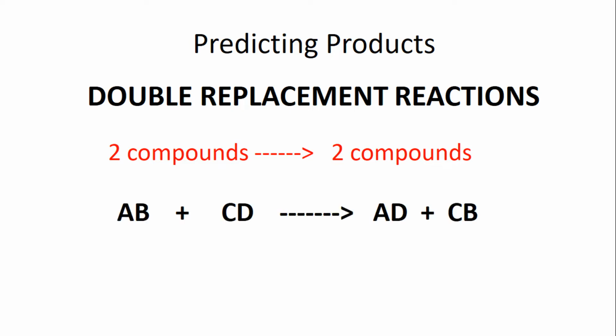If we were to use letters, we could show the first compound as AB and the second compound as CD. Note that on the product side, you can tell what's happened here. Essentially, A and C have switched places. A and C often represent positive ions or metal ions.